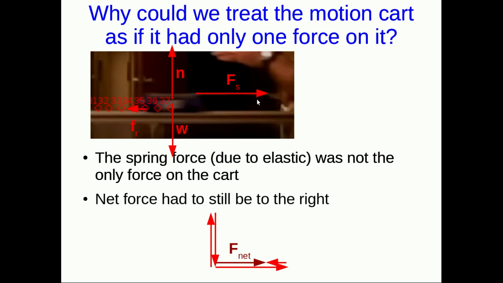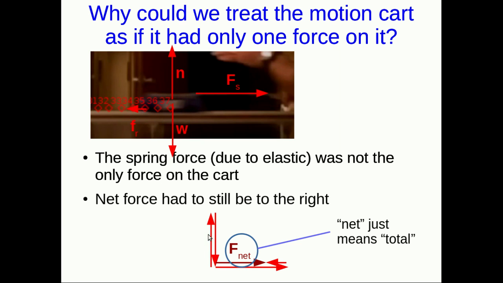And what we're doing here is just a vector addition. There is the vector addition of the normal and the weight and the spring force and the friction. And so there is our F net resulting from that vector addition. And I'm using this word F net, the net force. Net just means total.